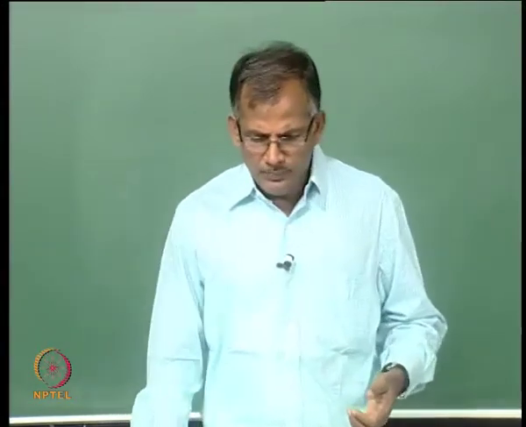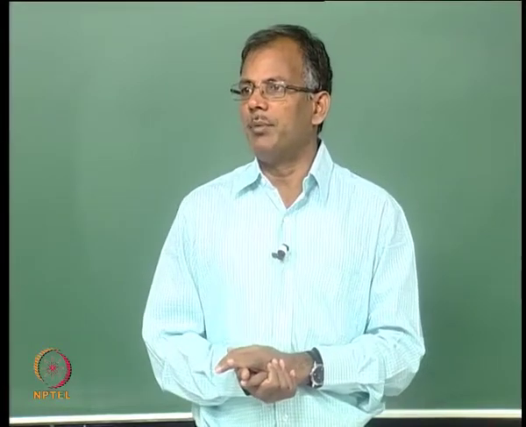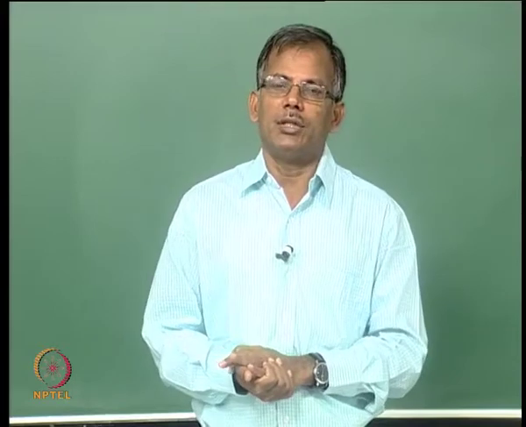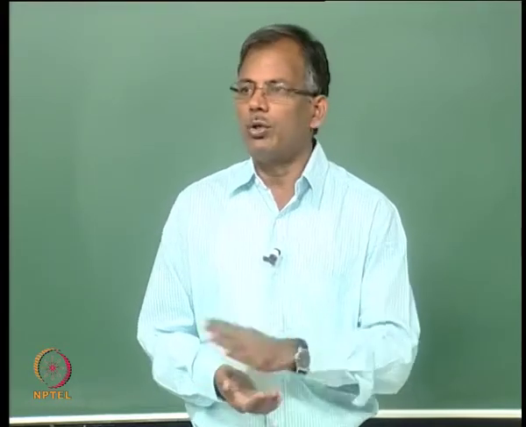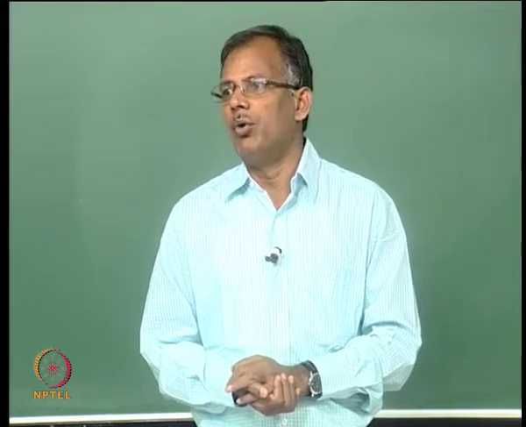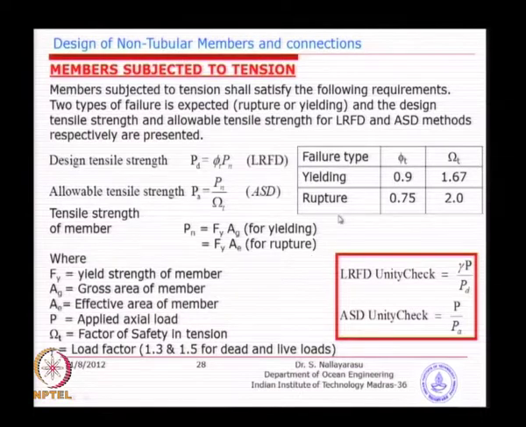Next, rupture will only happen once you have bolted connections, for example, if a beam is connected. If I take a cross section across the bolted section, you will not have the total area, you will have the area minus the bolt holes, and that is covered by rupture, which is the elongation of holes and then starting to break, rather than failure by yielding.